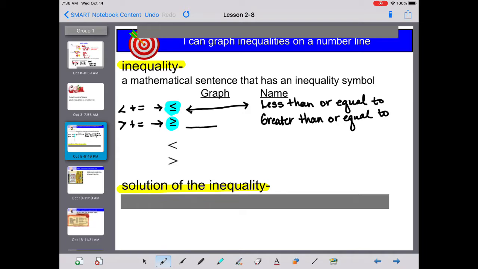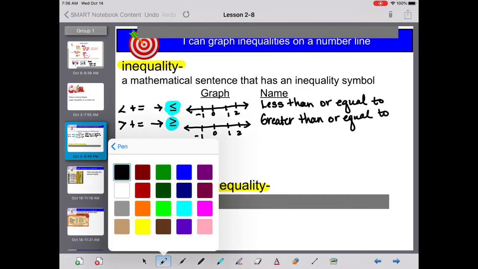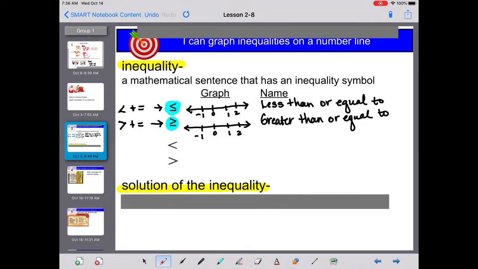So let's draw a number line for each of them. To make this simple, we're just going to put numbers on our number line. There will always be a given number. So if I say that a value is less than or equal to 1, I start by putting a circle at 1, and then I decide, should I fill in the circle or not?